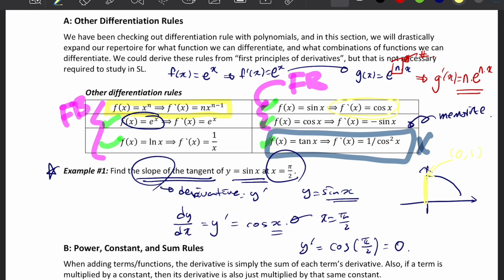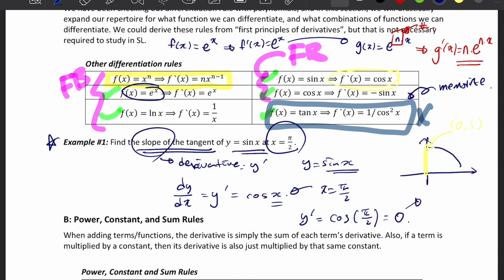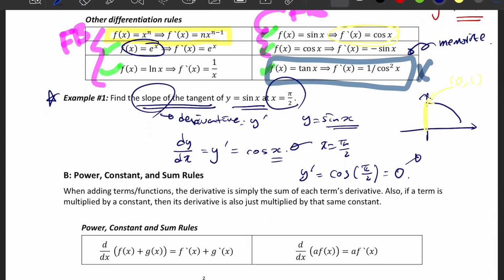So we know that cosine pi over 2 is equal to 0. Also, it is possible to represent the answer in this form: y equals sine x, our original equation, has a slope of 0 at that point, as our answer.